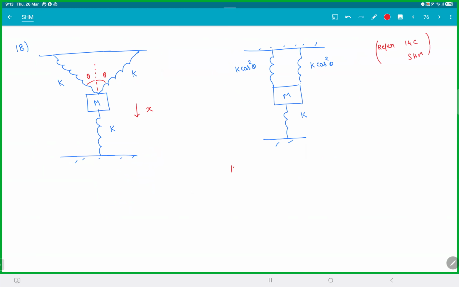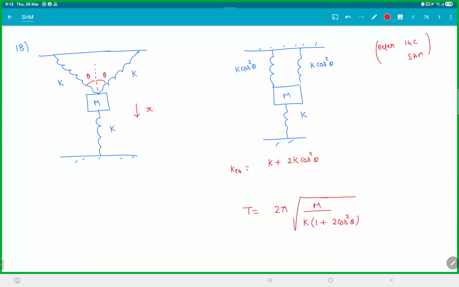Then you're done. So what is the k equivalent here? All of them are in parallel. So k equivalent is 2k cos square theta plus k. Time period will be 2 pi root over m by k equivalent. Theta will be given different values, you can just put it there, 45, 60, whatever.